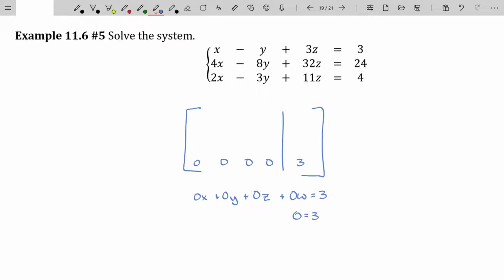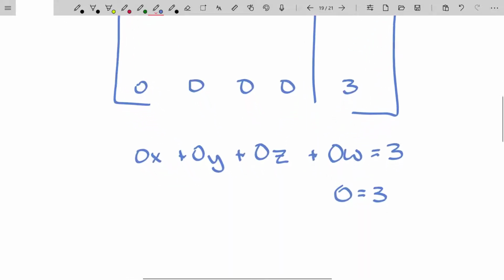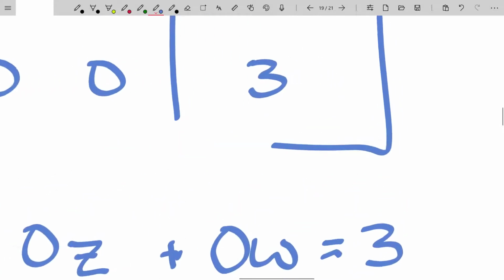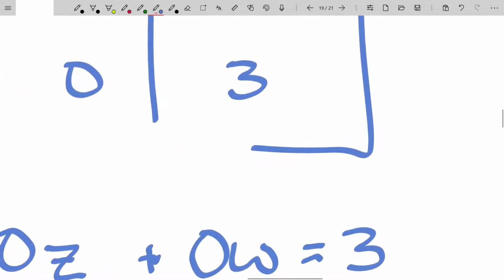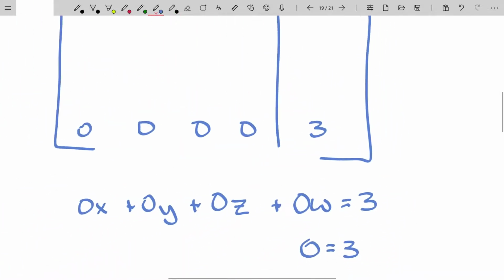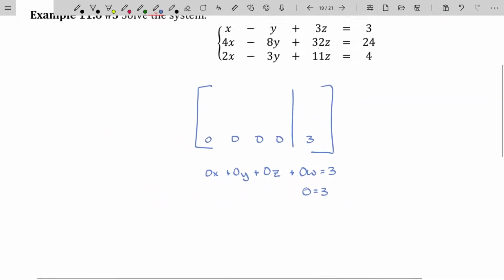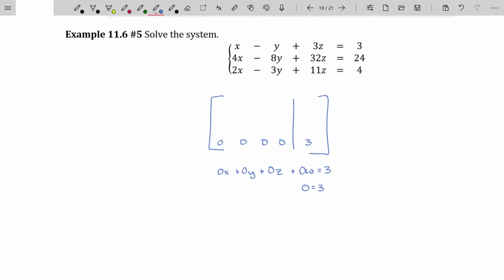This is actually the easiest of the cases. If you ever arrive at something like this in one of your rows, a bunch of zeros equals a non-zero number on the right-hand side, then you know you can stop and you have no solution to your system. And that's all that really needs to be said here.